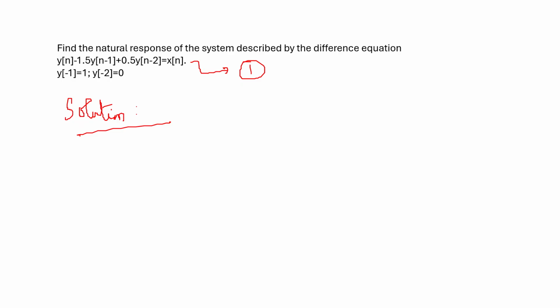Since it is asked like natural response of the system, natural response is also called the zero input response.